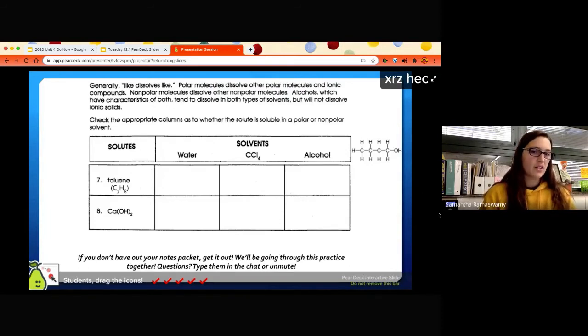So just to give you another hint, you're only going to use 3 check marks. So toluene is going to be similar to benzene. Right? They're both similar in terms of structure, in terms of properties, in terms of intermolecular forces and polarity. Calcium hydroxide, you have to think about calcium hydroxide.